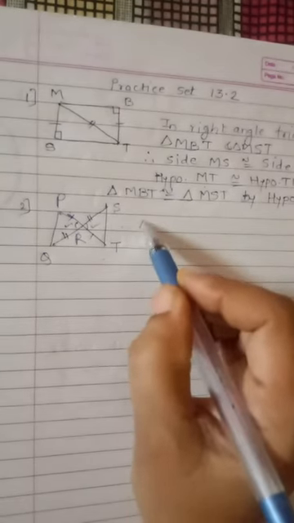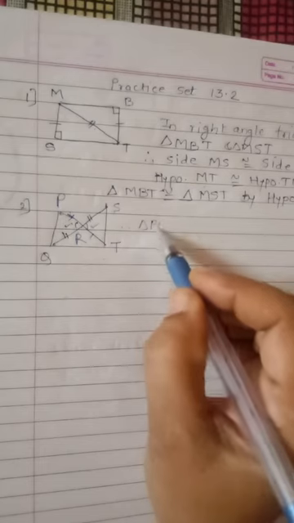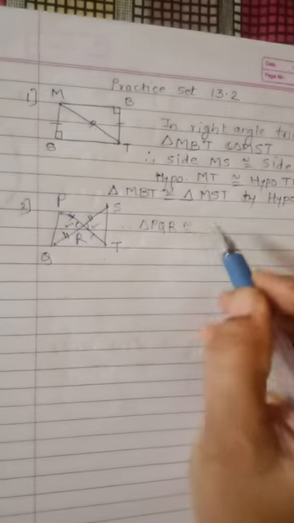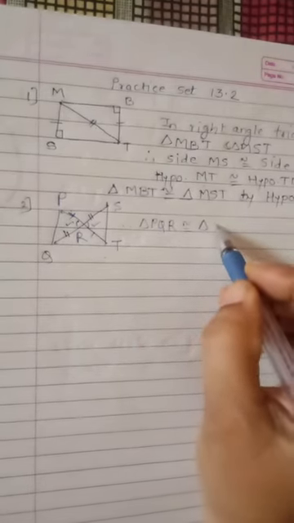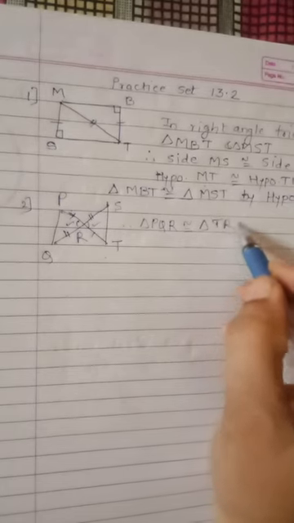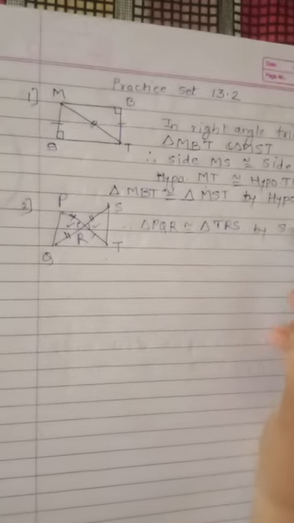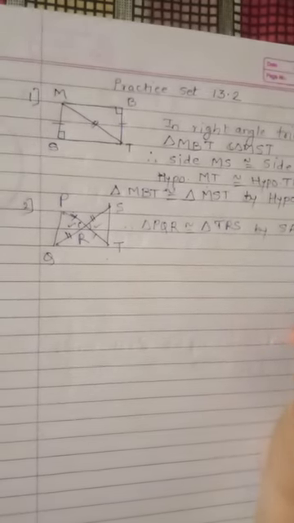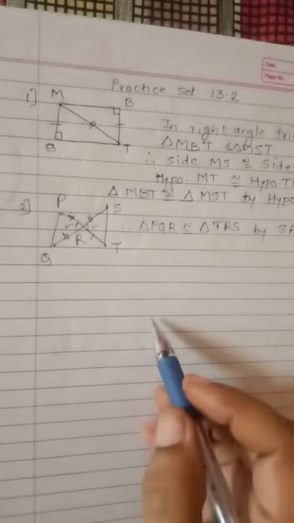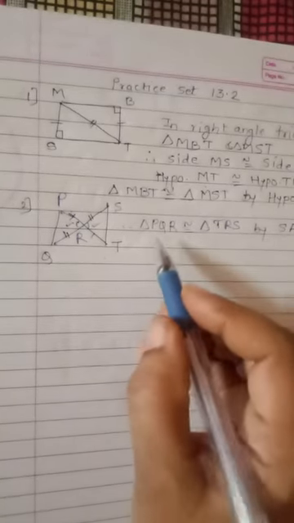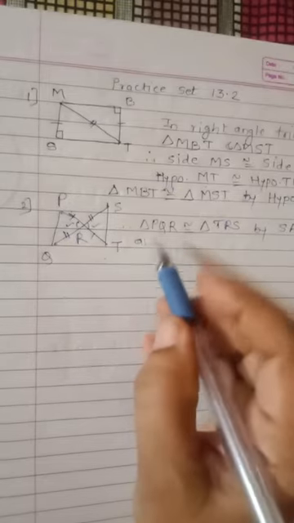Therefore, triangle PQR is congruent to triangle TRS by SAS test. And which congruent parts are not given in the figure?